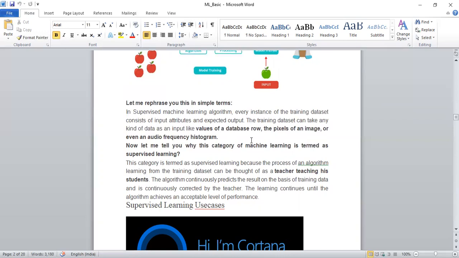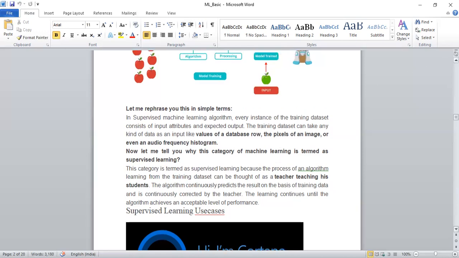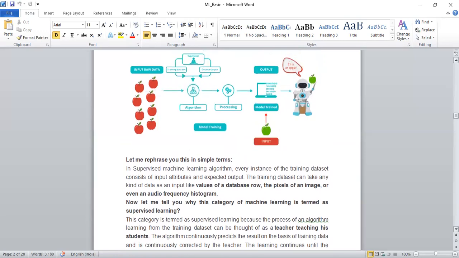Now let me tell you why this category of machine learning is termed supervised. This category is termed supervised learning because the process of an algorithm learning from the training data set can be thought of as a teacher teaching his students. Look, there is a supervisor now.